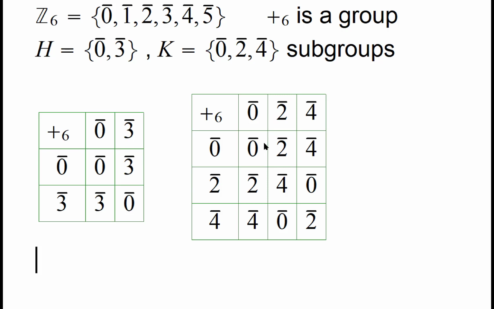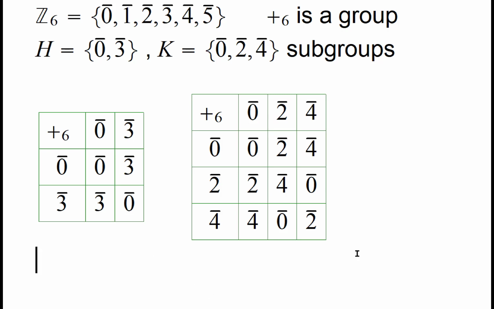Now, remember, all that we have to do is take two elements in H union K, one element that is in H but not in K and vice versa. So 3 is the only such element here. How about this? We pick 3 from here and 2 from here.